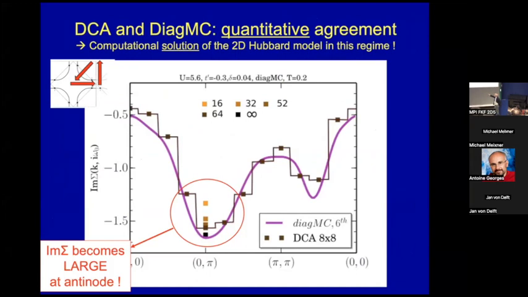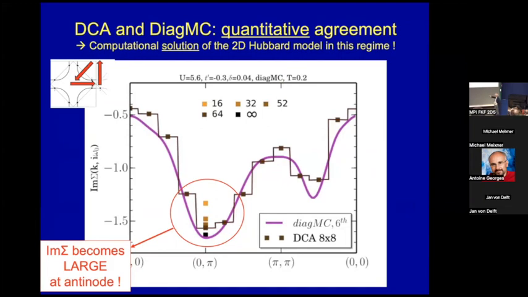Here, what you see is the imaginary part of the self-energy along this path in the Brillouin zone, obtained by diagrammatic Monte Carlo, which is a bit old school diagrammatic Monte Carlo. The field has progressed a lot since then. It is shown as a function of momentum, compared to size-extrapolated DCA results. And you see that there is quite good agreement.